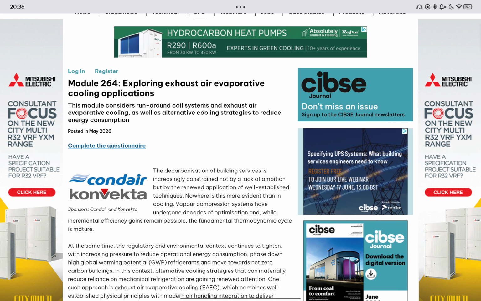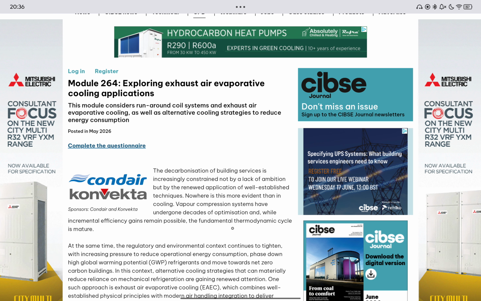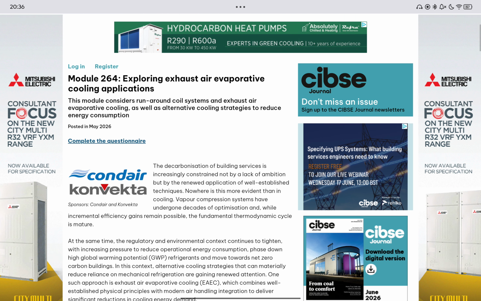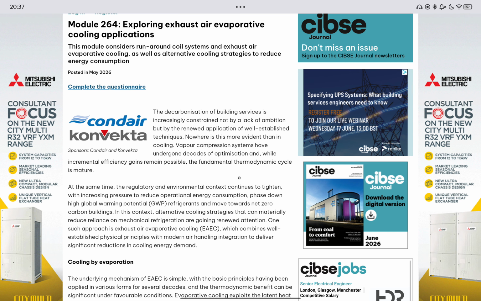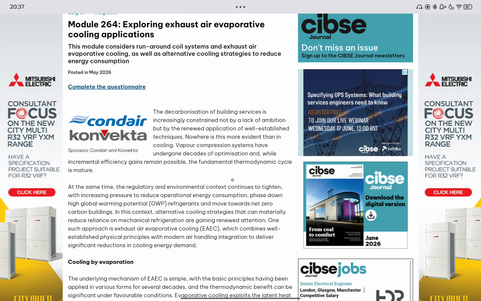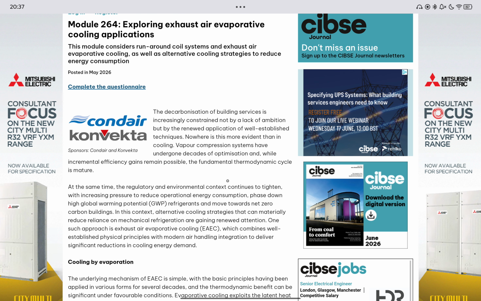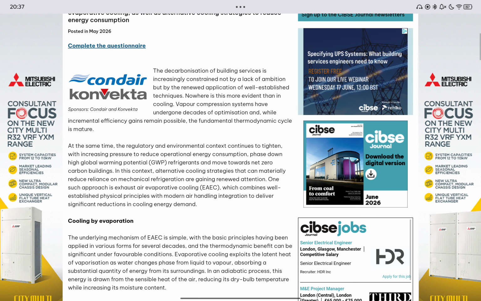The decarbonisation of building services is increasingly constrained not by lack of ambition, but by the renewed application of well-established techniques. Nowhere is this more evident than in cooling. Vapour compression systems have undergone decades of optimisation and, while incremental efficiency gains remain possible, the fundamental thermodynamic cycle is mature.